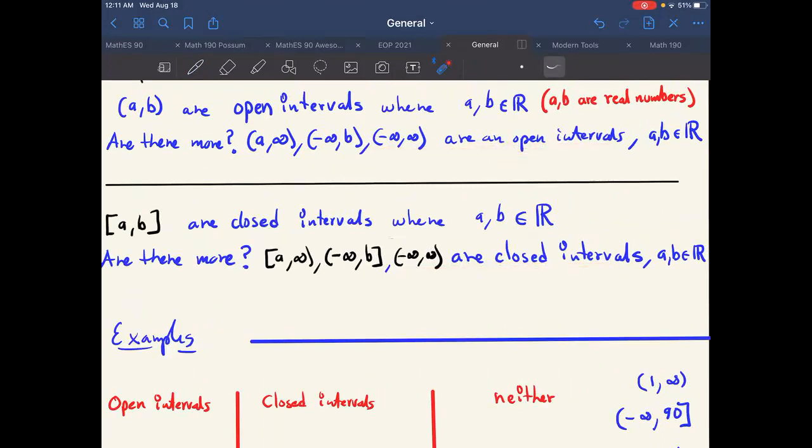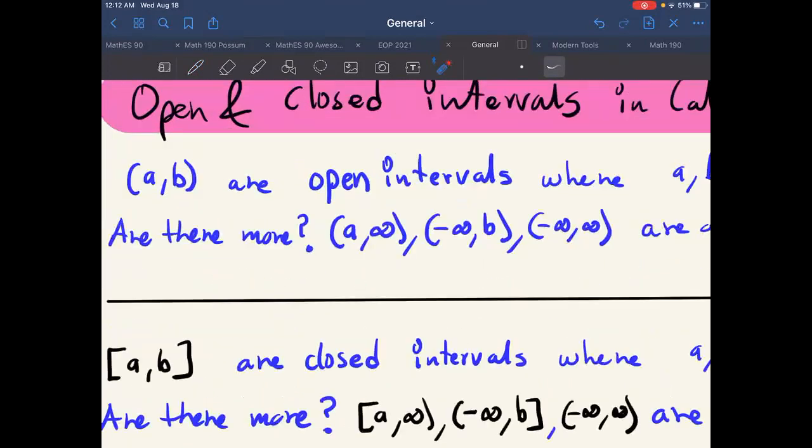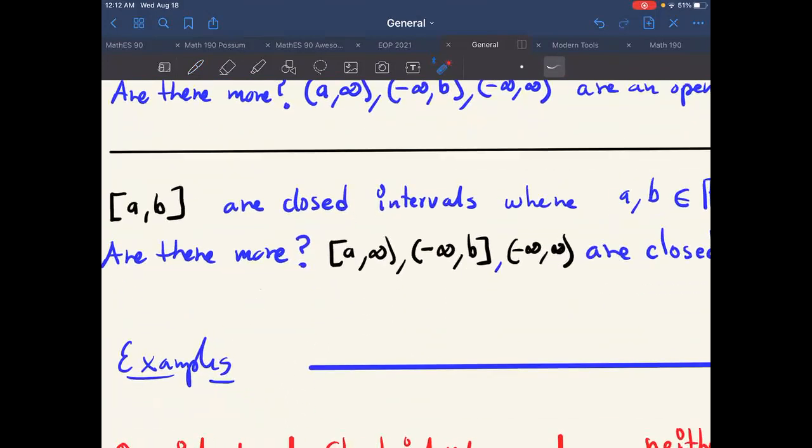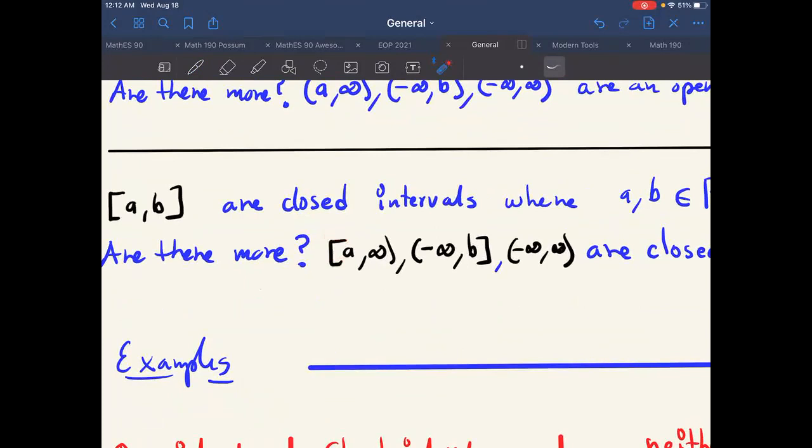Yep, it's both. Take a look: all the open intervals have round brackets, round parentheses. And what about the closed intervals? They have square brackets. I wish we could have a square bracket here, but unfortunately infinity is not a real number.